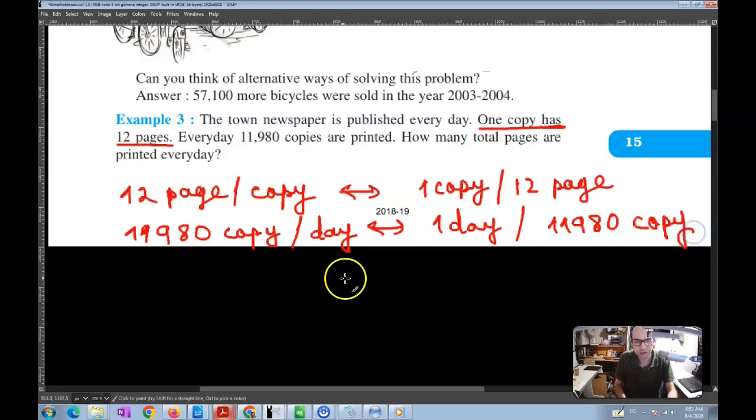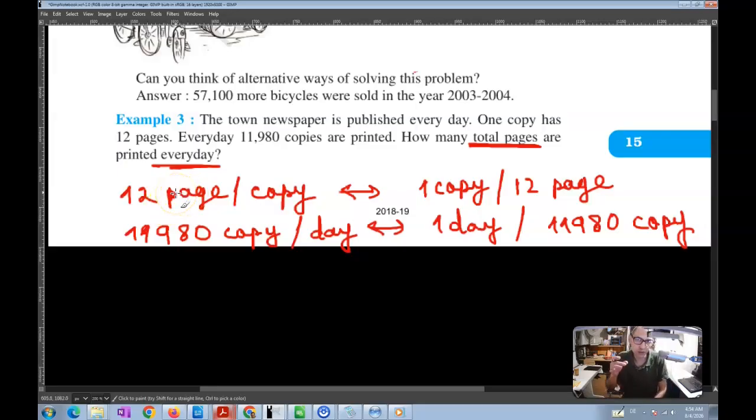I can write it this way as well, right? Both mean the same thing. Now what we want to know is the total pages that are printed every day. So here I'm looking for the total number of pages every day, right? So how do I solve this problem?